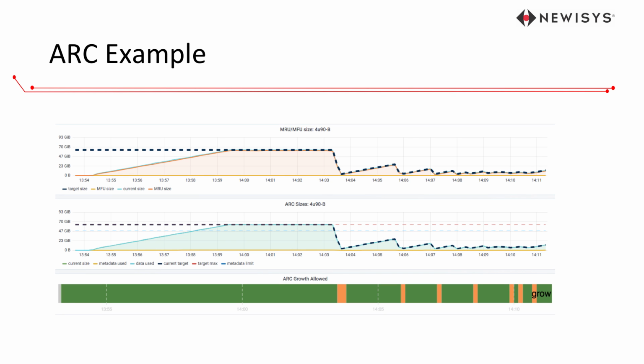So then let's take a look at what an example might look like for an ARC problem that we were discussing just last week. I've got a couple of dashboards that show my ARC activity, and the bottom one I really want to draw your attention to.